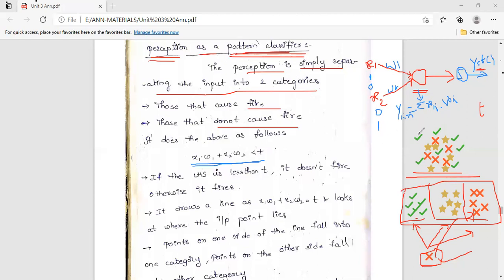Now we are going to know about T. T is the target output, or expected output, by a user.